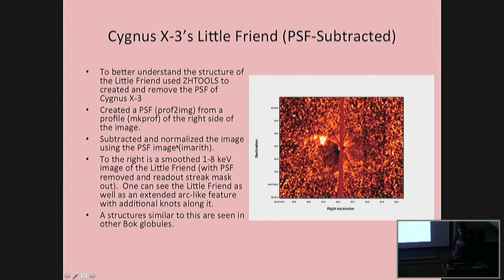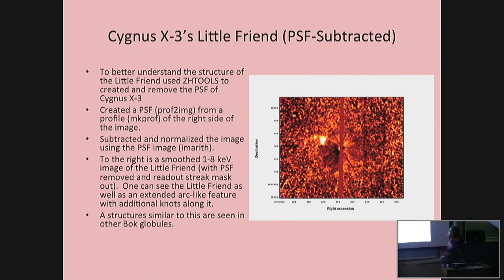Now, to understand the structure, what we did is create a PSF from the right half. Most of the features are on the left half of the image I showed you. So we used ZH tools to create a PSF and then subtracted and normalized the image by it. Now what we've also done is mask out the readout streak, but you see the little friend, and you also see it even has what appears to be a tail or structure like the other Bok globules.